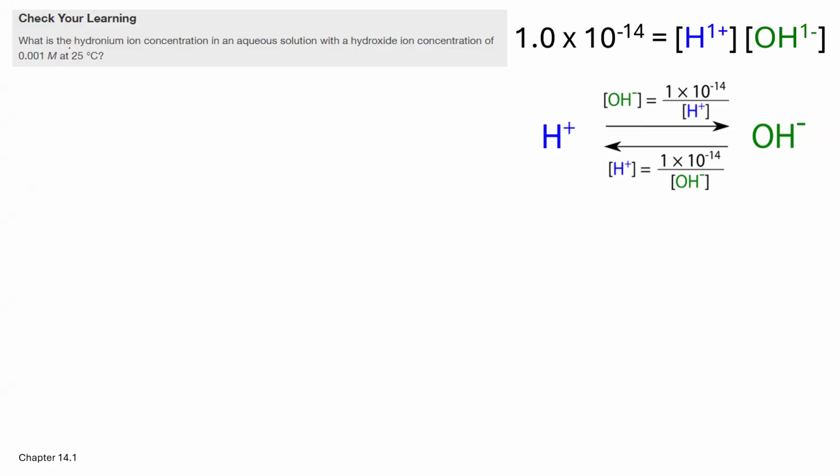What is the hydronium ion, we'll say H plus or H3O plus, right, in an aqueous solution with a hydroxide ion concentration of 0.001 molar?